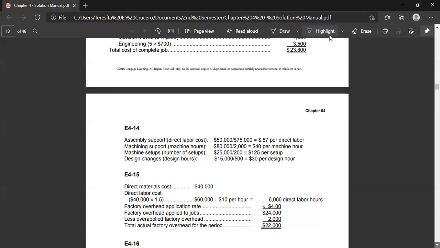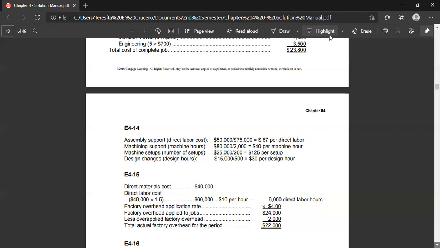So your direct labor cost is to be determined: 40,000 is the given direct material cost, and since it's stated that direct labor cost is 1.5 times, direct labor cost is $60,000. If your direct labor cost is $60,000, we have to divide this by the hourly rate of $10. So we have a total of 6,000 direct labor hours.